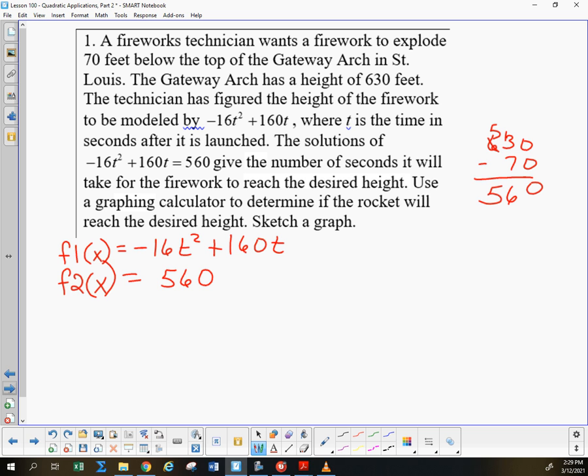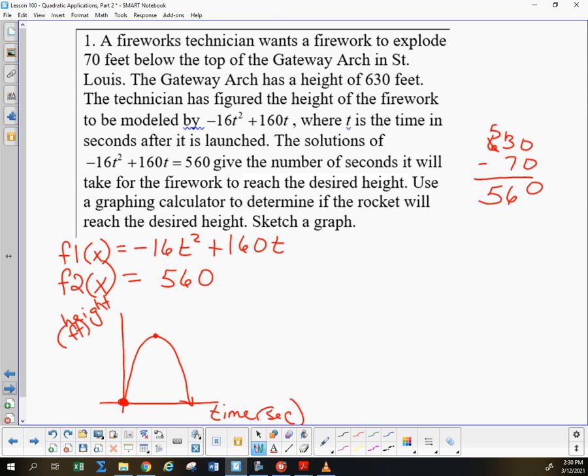So I want you guys to do this on your calculators. I think I was forgetting on some of these, I'll go back and do that. We're going to label this as time, and this is height. We know that this one, the firework, is going from the ground up and coming back down.